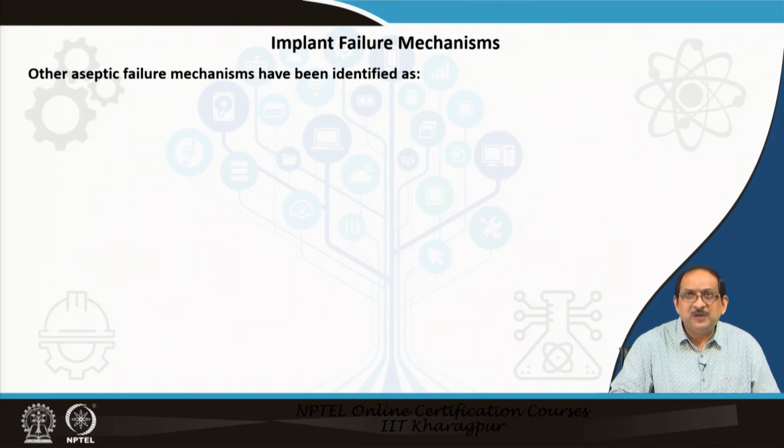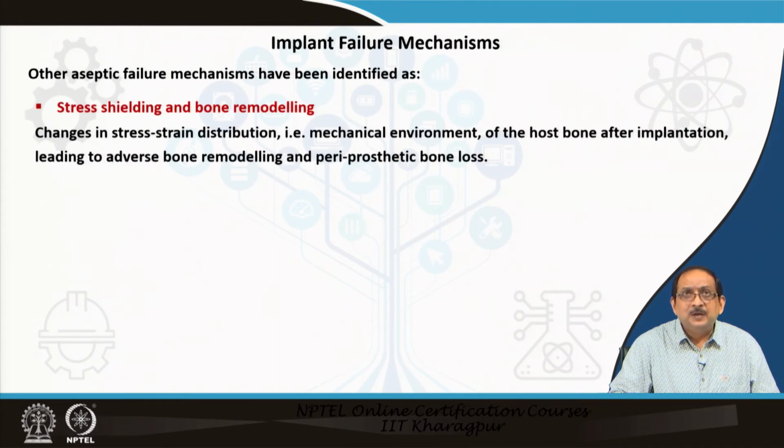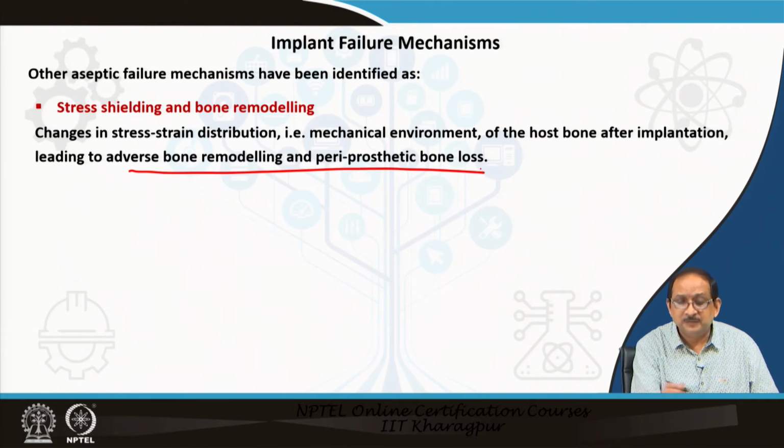Other aseptic failure mechanisms can also be identified as follows. Stress shielding and bone remodeling is an eminent failure mechanism. Changes in stress strain distribution, that is, the mechanical environment of the host bone after implantation, actually lead to adverse bone remodeling and periprosthetic bone loss.